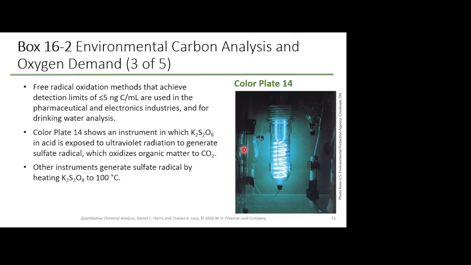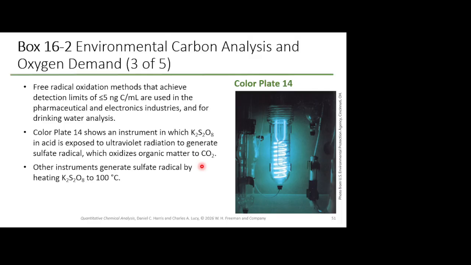Okay, you can literally put too much heat in environments, right? It's called heat waste. But some of these are very important to monitor more closely. And so, for example, free radical oxidation methods, these are going to have detection limits of less than 5 nanograms of carbon per milliliter. These are commonly used in things like the pharmaceutical and electronics industry for drinking water analysis.